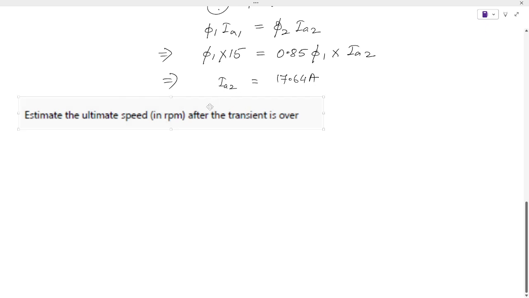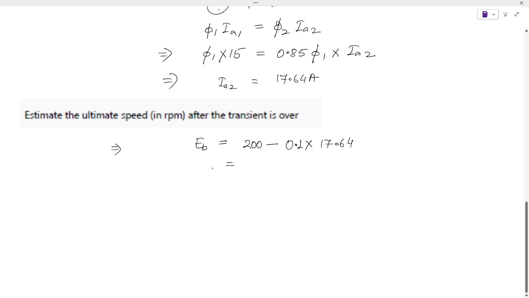Ultimate speed after the transient is over. Ia2 is known to you, so you can find out the back EMF. What will be the back EMF? That will be 200, that is Vs supply voltage, minus 0.1 into 17.64.